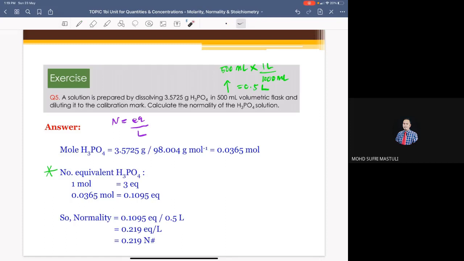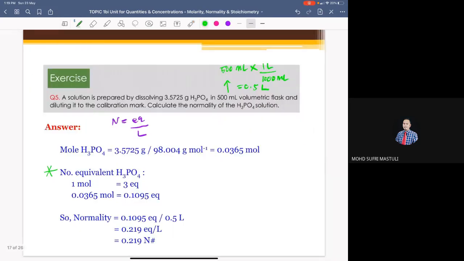So the equivalent divided by liter, you get 0.21 normality.